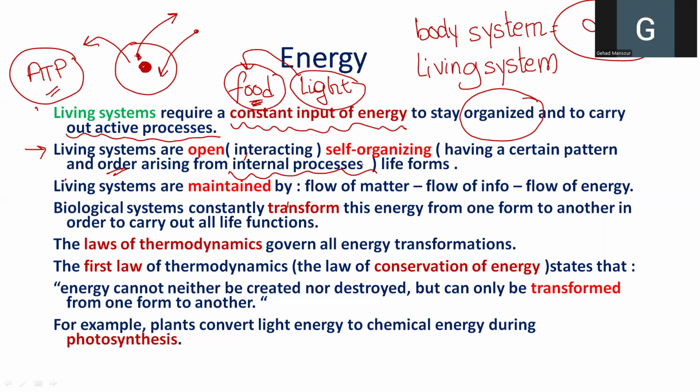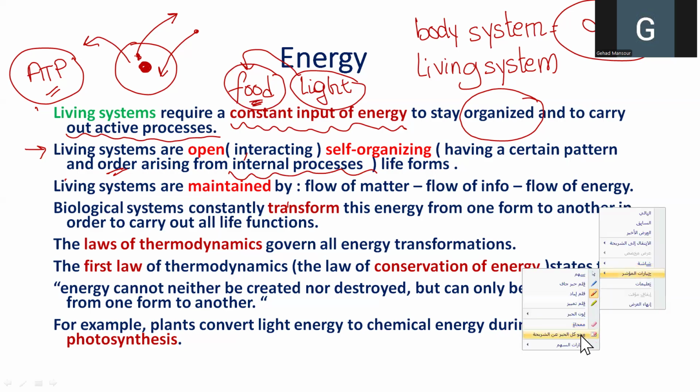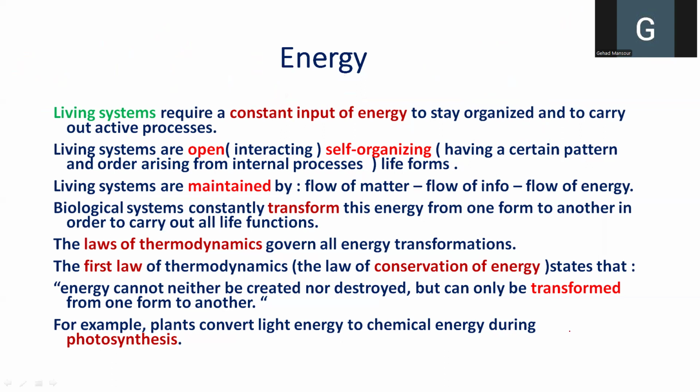A cell, for example, as a prototype of living systems, will depend mainly on internal biochemical reactions and processes to keep its pattern organized and constant. In order for a living system to be maintained, to stay open to interaction and self-organized, it requires flow. Flow of what? Flow of material. This sounds normal.